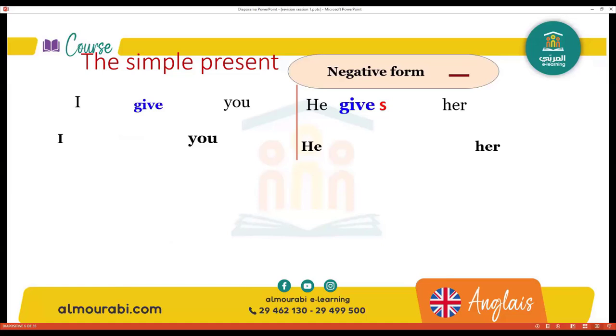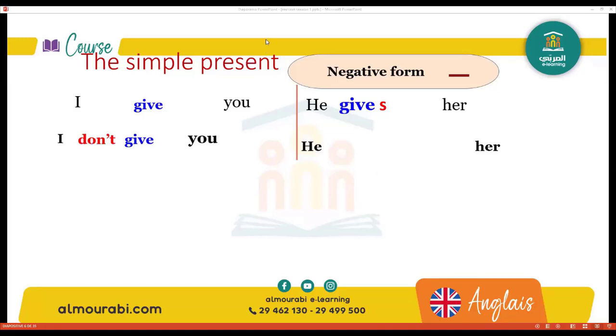Okay, so let's move on to the negative form. We have the basic one, which is the affirmative form, I give you. And then we'll move on to negative form, I don't give you. You add do not for long form or don't as a short form. And what about he? Can you answer this? Doesn't.